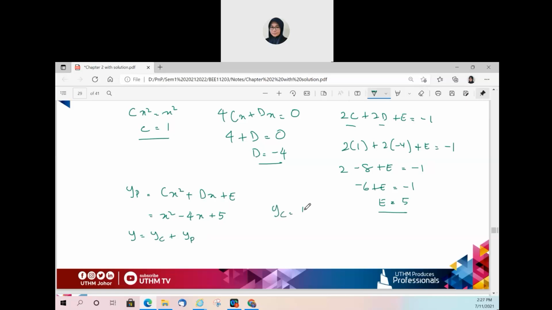YC is A e to the minus X plus B X e to the minus X. Then Y equals A e to the minus X plus B X e to the minus X plus YP, X squared minus 4X plus 5. So finish. This is our Y.